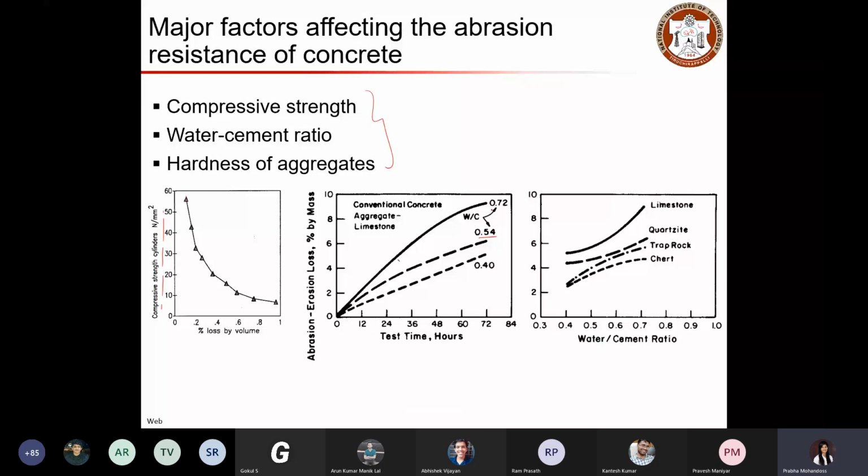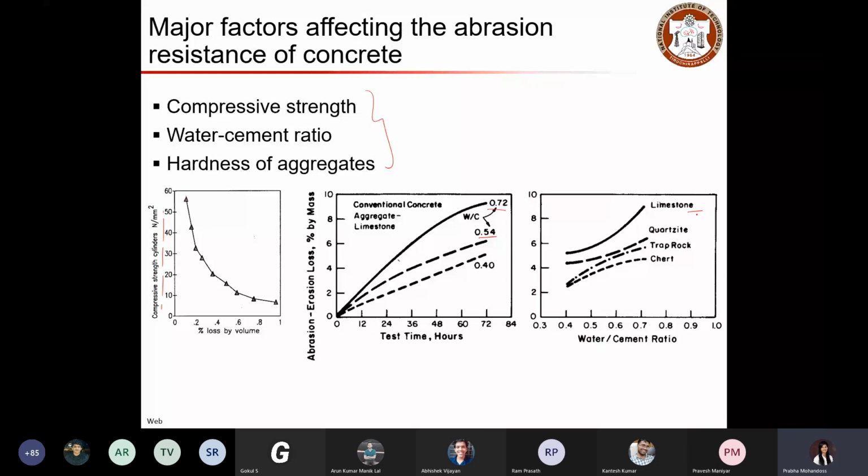If you have less water cement ratio, the loss will be less. And this indicates the type of aggregate that you use based on its hardness. When you have limestone, that is softer material, you will experience more loss. And then chert, that is an inert material, so you expect less loss using chert.